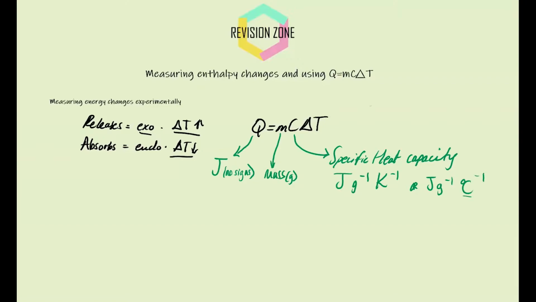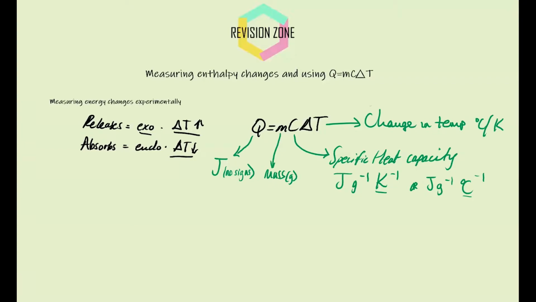It doesn't matter which unit of temperature we use here, because we are not using a specific temperature in this calculation. We are more interested in the change in temperature, and so that can be measured in degrees Celsius or Kelvin.